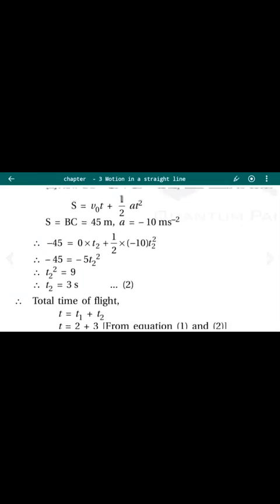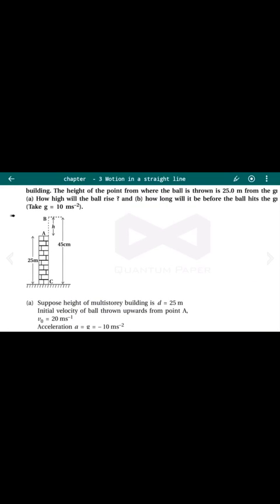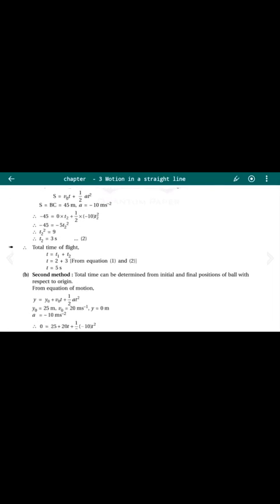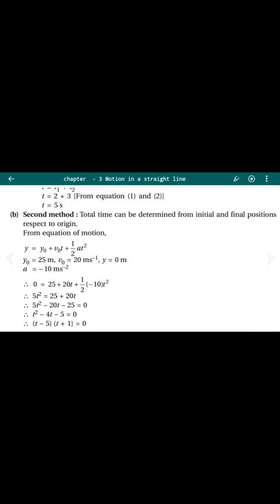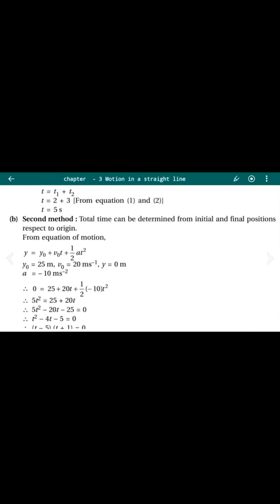Here y0 is 25 meter, that is the initial position of the ball, right, because the motion of the ball starts from A and the position of A over here is 25 meter. V0 equals 20 meter per second, that is already given in the statement. Y is equal to 0 meter.